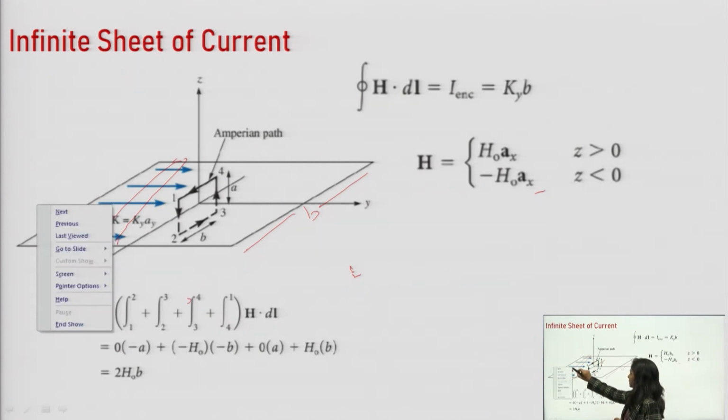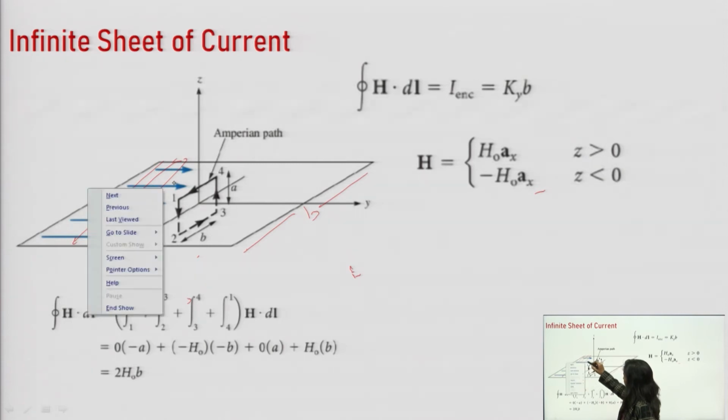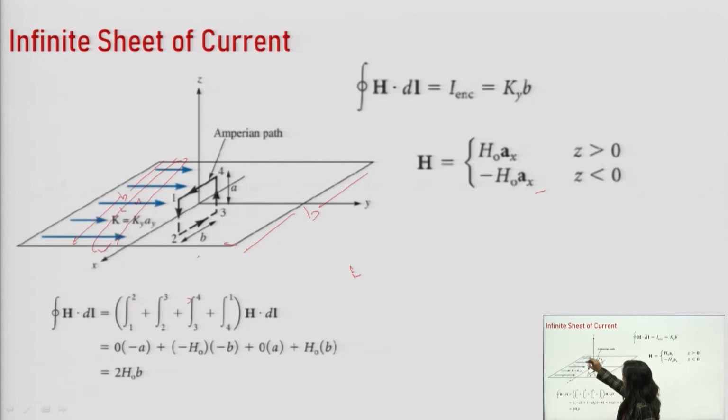This length is b. The direction of H will be like this: positive H in this direction, negative H in this direction.